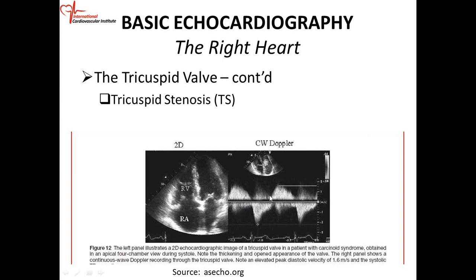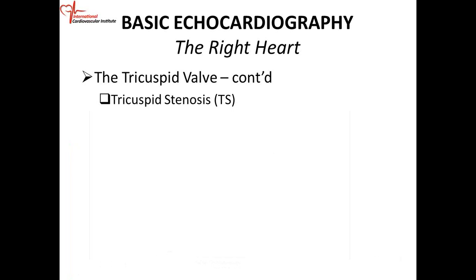So when you do your tricuspid inflow, you will find that the gradient is increased, and because the valve is not opening or closing properly, they tend to have tricuspid regurgitation as well. So carcinoid, classic, they usually bring that.